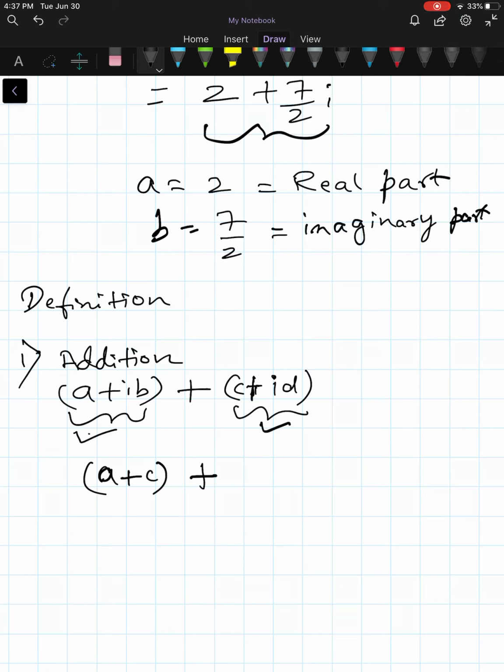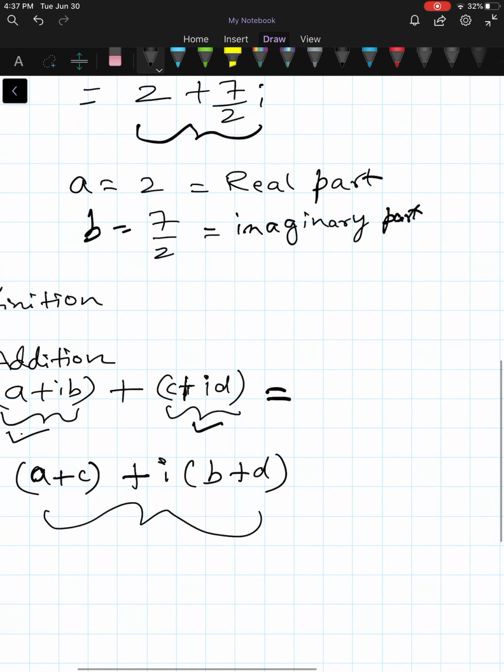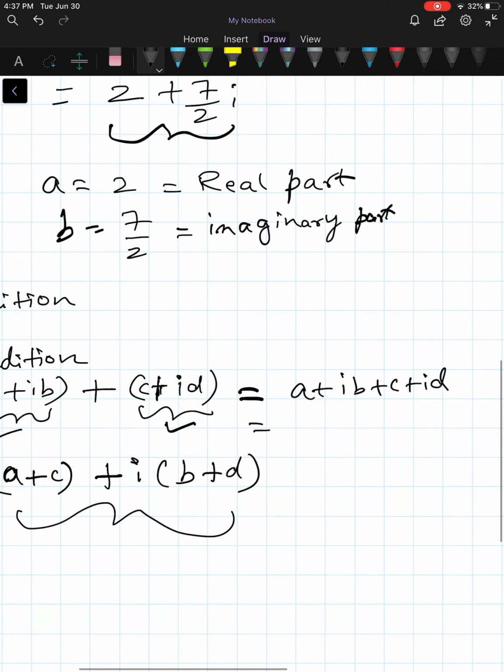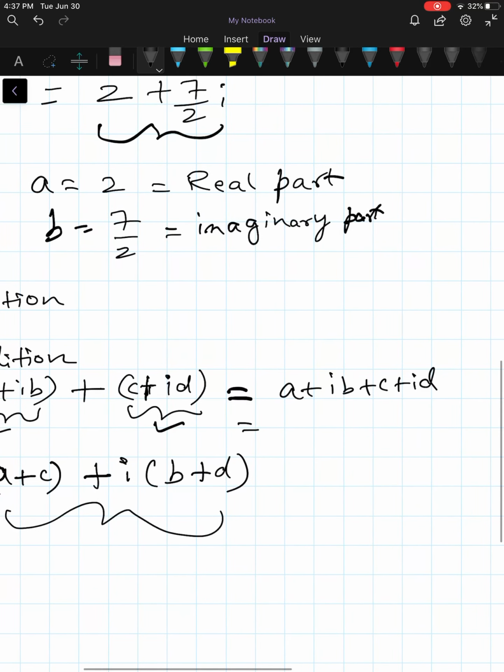Let me write it again. This would be b plus d. So how did we get this to be true? Suppose you expand this as a plus ib plus c plus id. You know that addition is commutative, so grouping the like terms we get a plus c plus ib plus id. What is common in ib plus id?